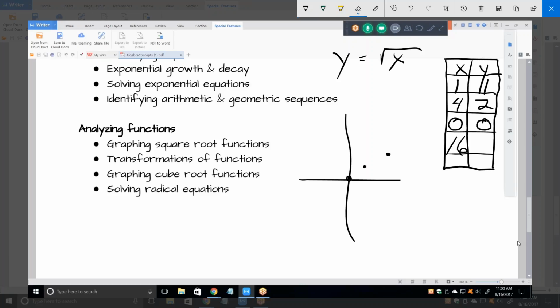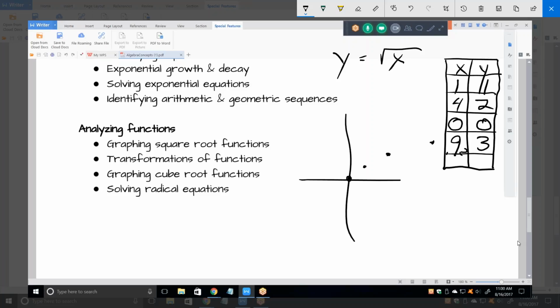Let's go back and do 9 since I don't have a lot of room here. What's Y when X is 9? 3. Okay. Now if I go 9, it's somewhere about there, so that's kind of what I'm looking at.